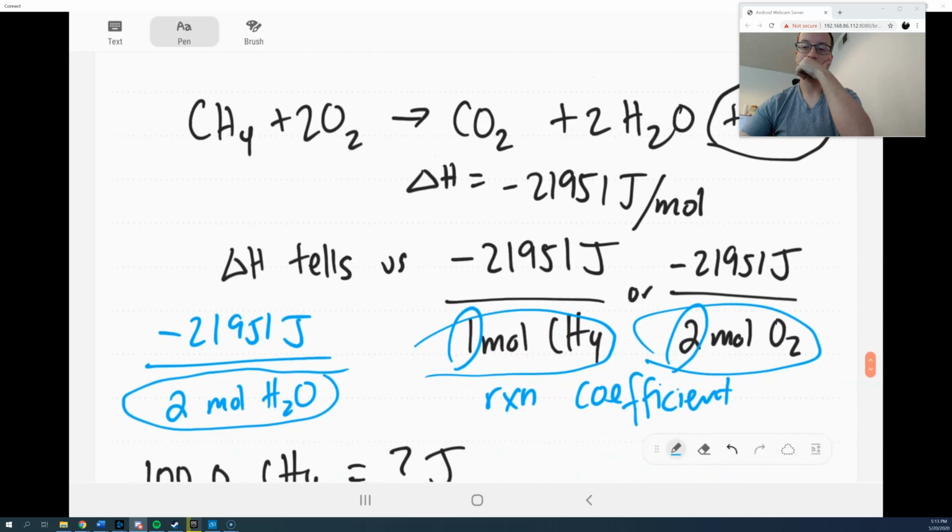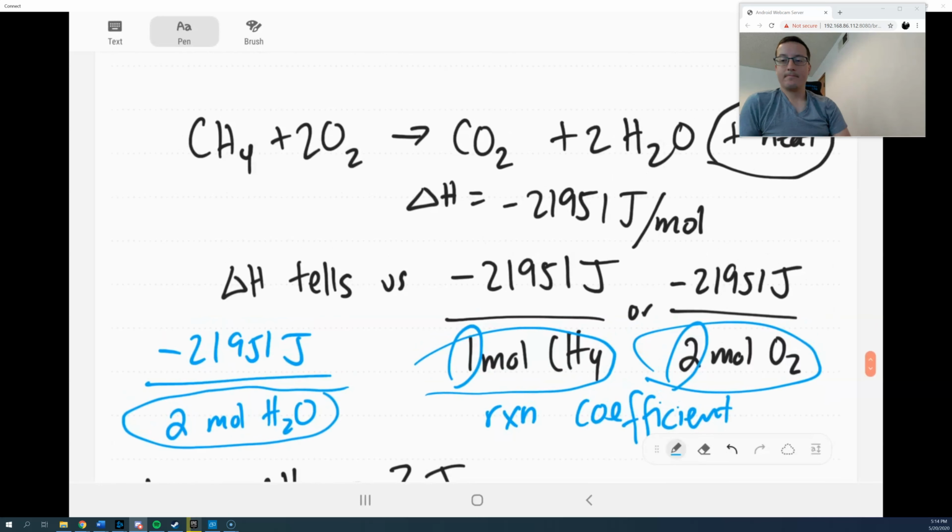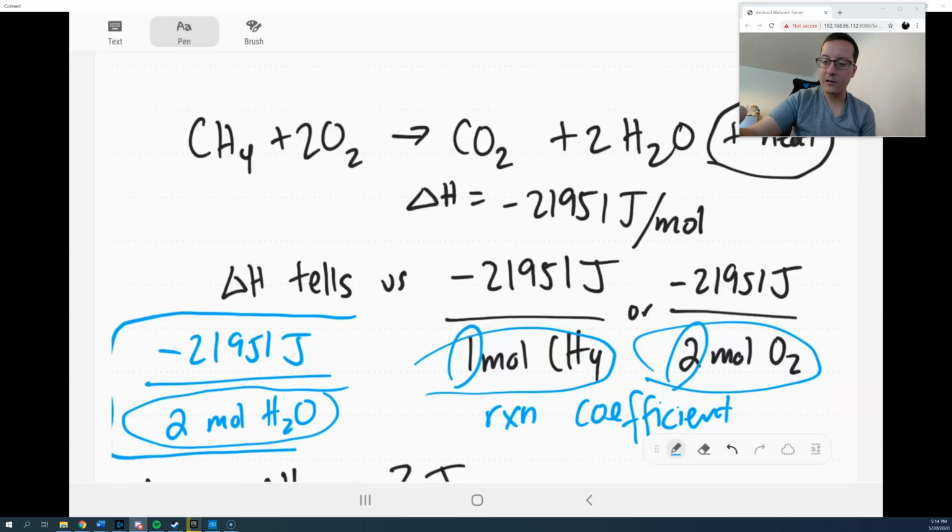Do we convert the kilojoules to the H2O? No, your delta H you will just put with whatever your reaction coefficients are. If you can still see my screen, this would be the conversion factor you would use for water. It's the same number, you just use a different coefficient on the bottom. That's it. There's no crazy trick to do it on this one.